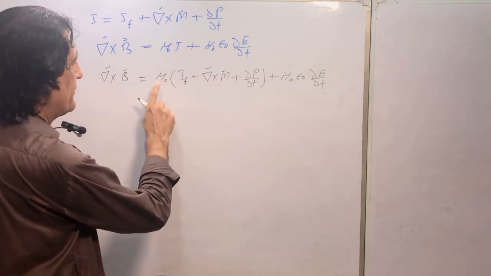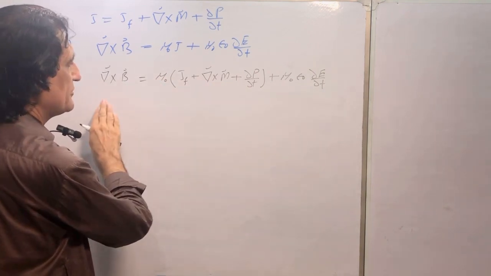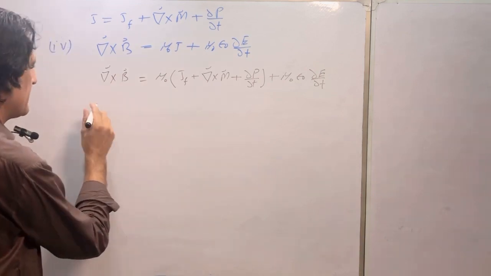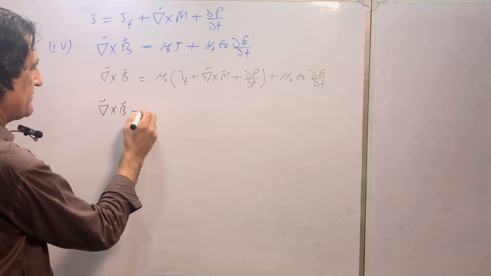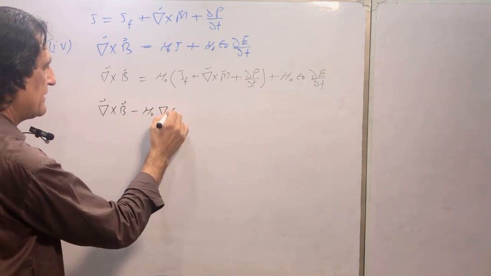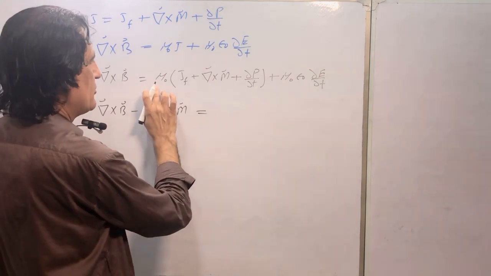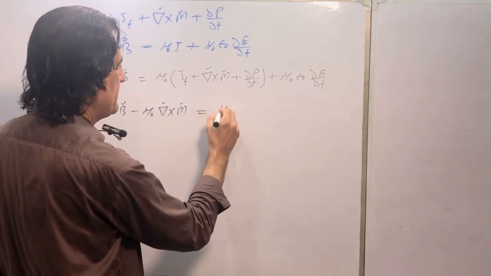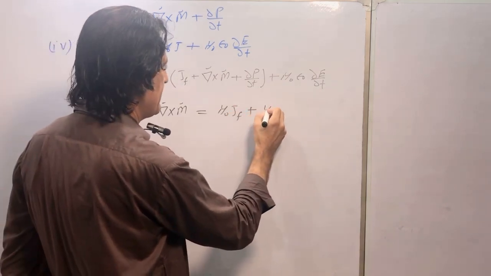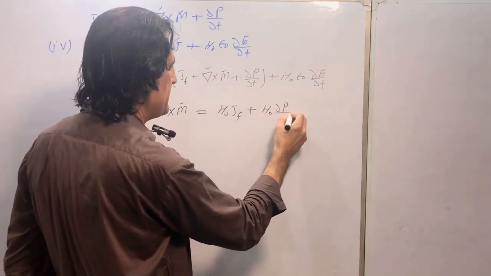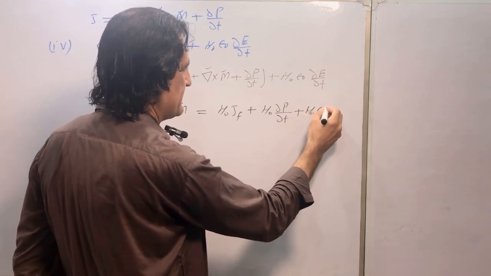I want to move this mu naught term to the left side. Then del cross B minus mu naught del cross M is equal to mu naught JF plus mu naught partial P divided by partial T, and this term as it is.